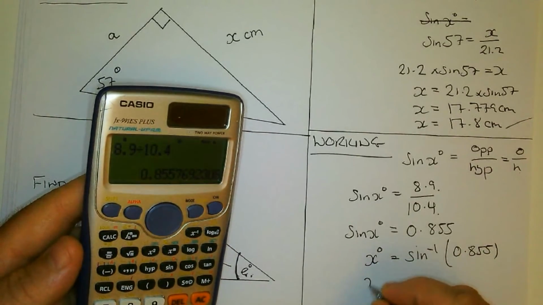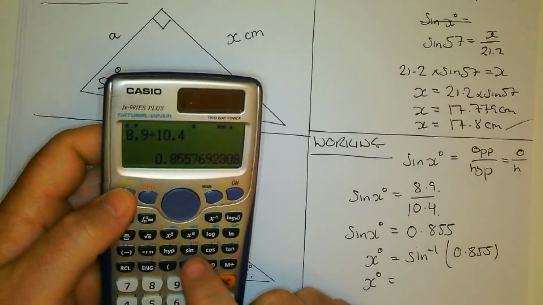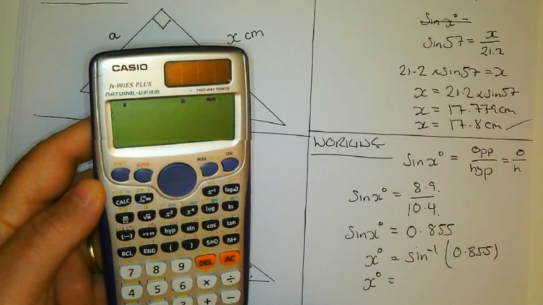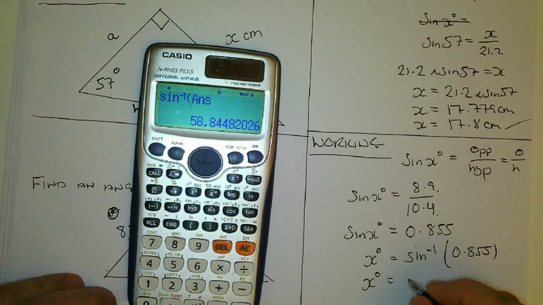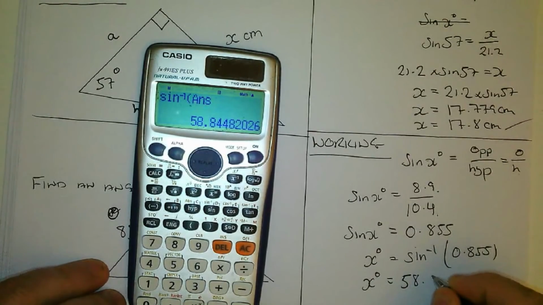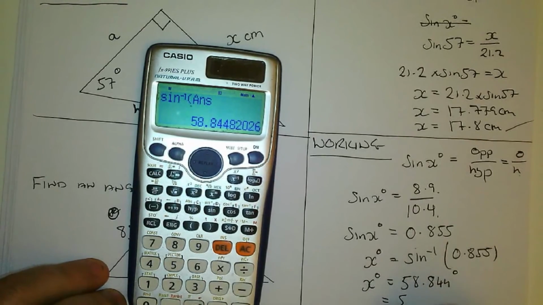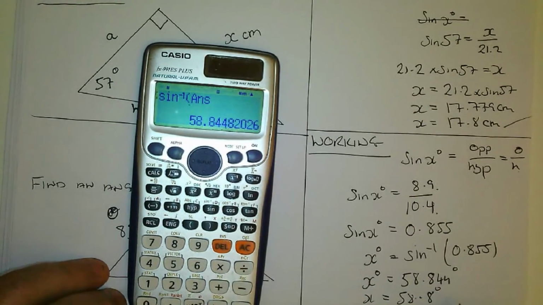So x degrees equals, watch, shift sine of my answer, and I get the exact answer: 58.844, so that becomes 58.8 degrees. So x equals 58.8 degrees.